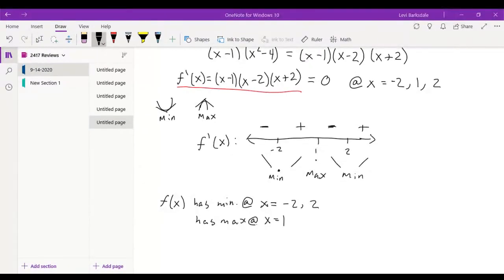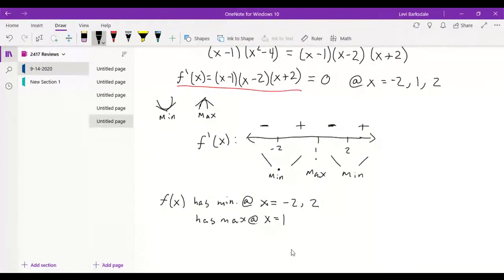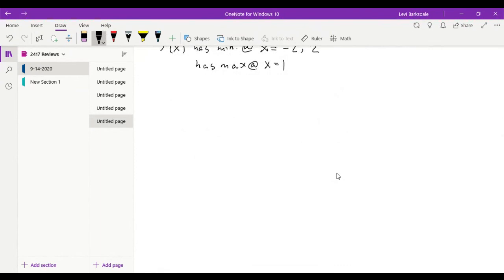Great. In that case, I'm going to go ahead and give you a couple of practice problems. First up, we're going to start with f of x equals x to the fourth minus 4x cubed.